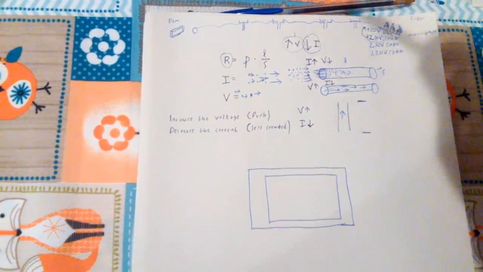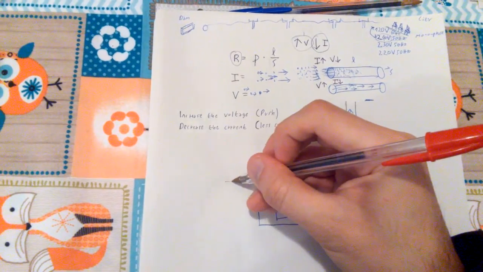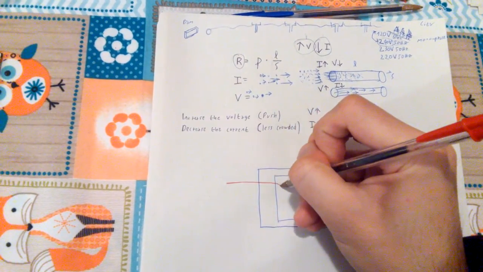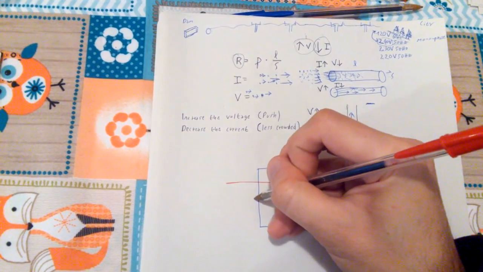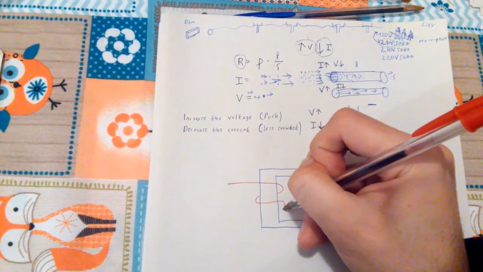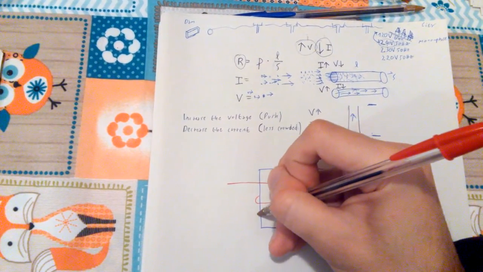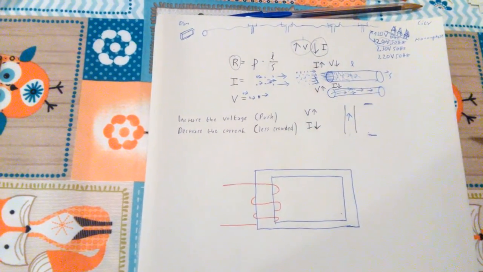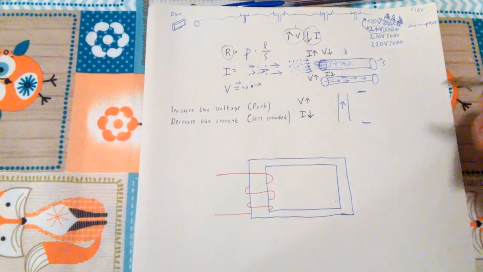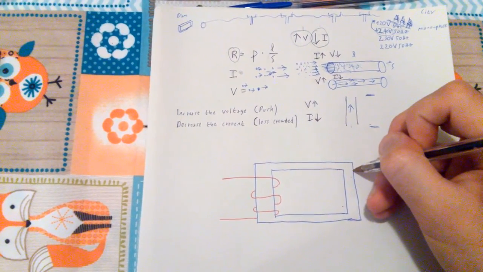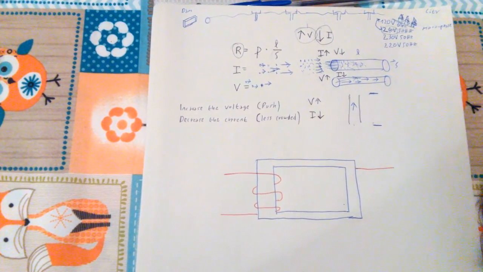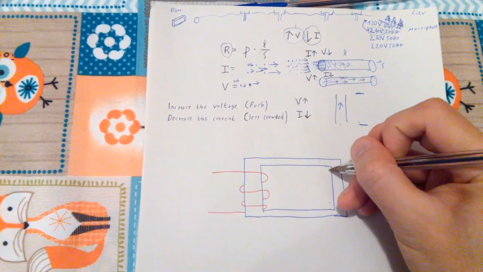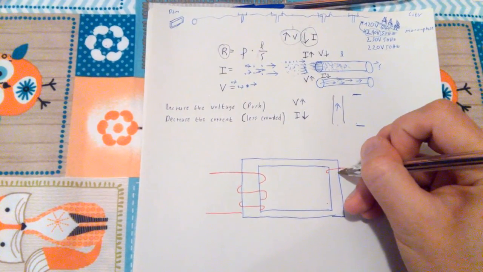So we're going to have wires going through here, going back like this, and going back like this. Okay, this way. And then from here, I'm going to have wires going out like this.